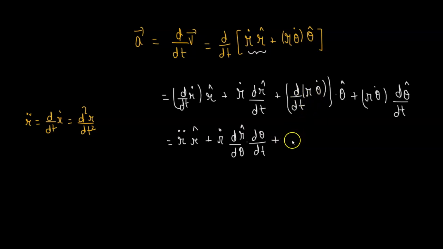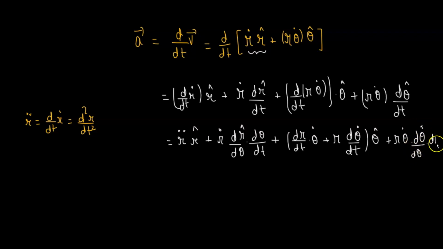Plus we have d/dt of r theta dot. Let's apply the product rule. So this will be dr over dt times theta dot plus r times d theta dot over dt, whole multiplied to theta cap, plus r theta dot. So we have d theta cap over dt, so that will be d theta cap over d theta times d theta over dt. Here again we have also applied the chain rule. So this will be r double dot r cap plus r dot.